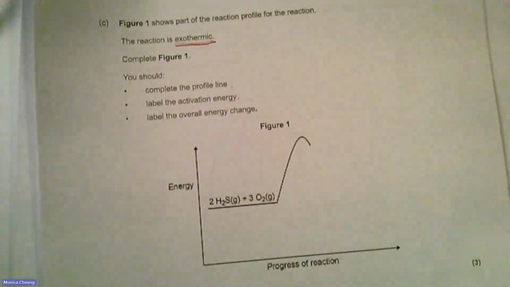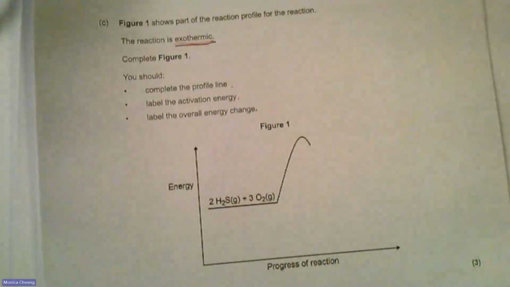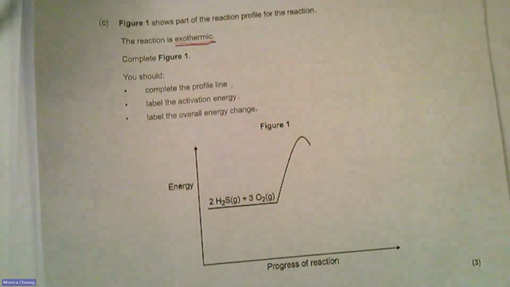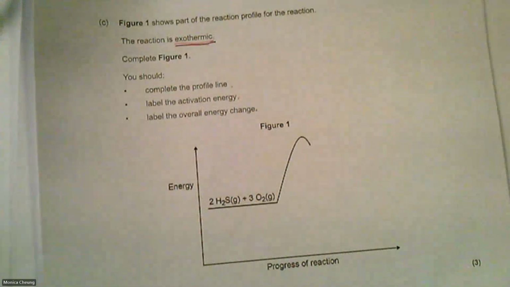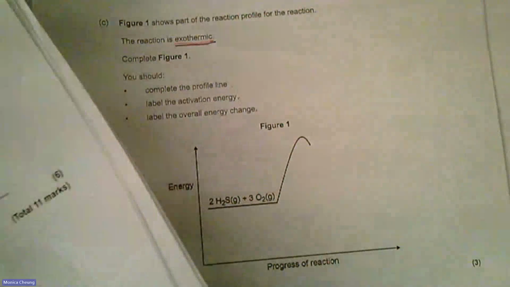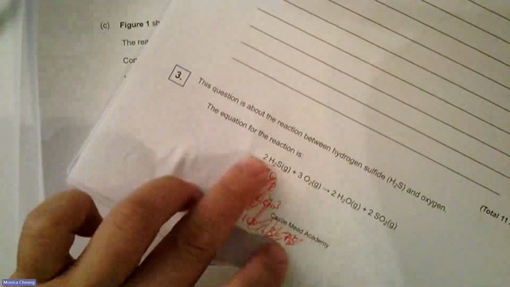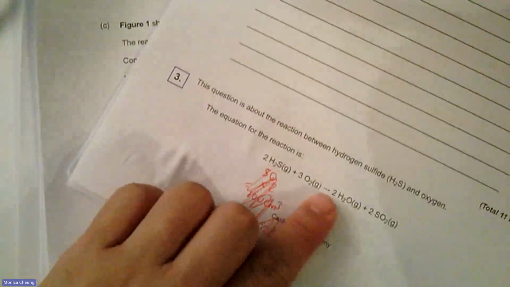So the beginning of our reaction that we saw earlier, which I've got here on the screen, we had 2H2S and 3O2, which is our reactants, and then we've got our products here at the end.